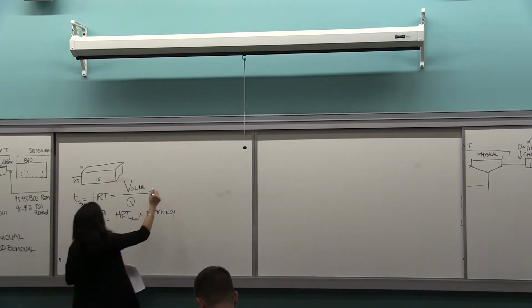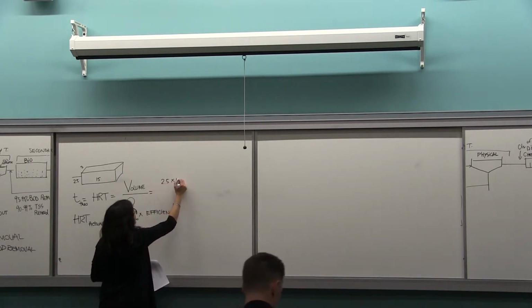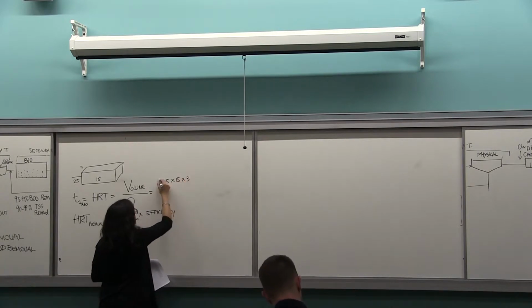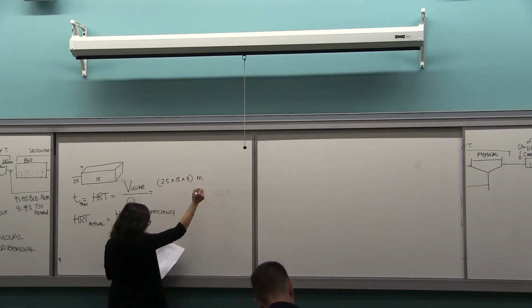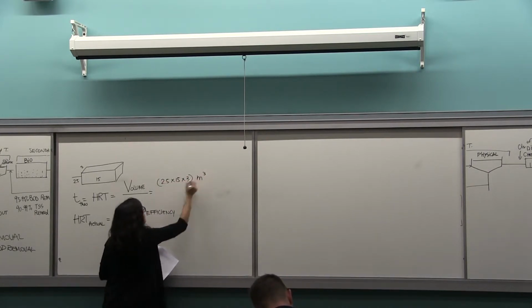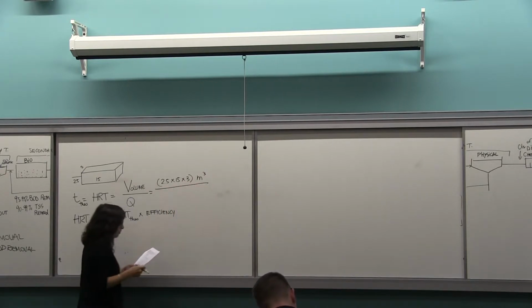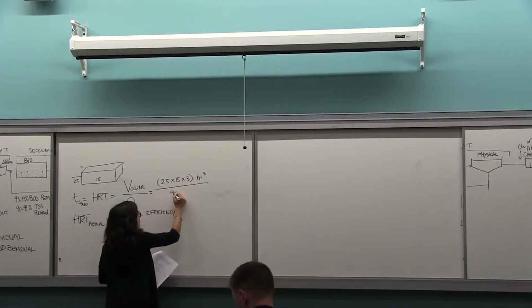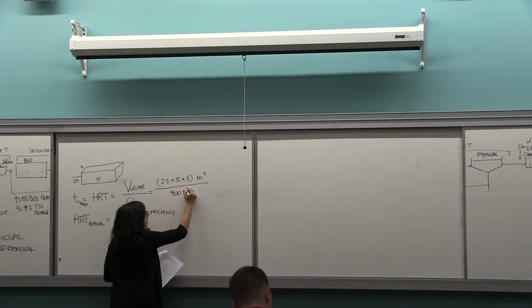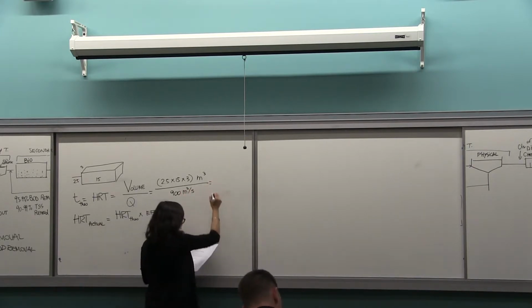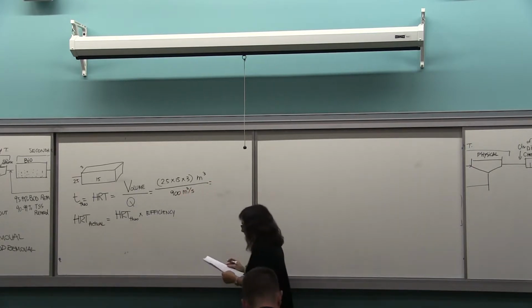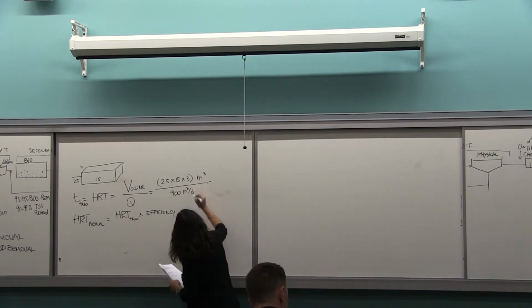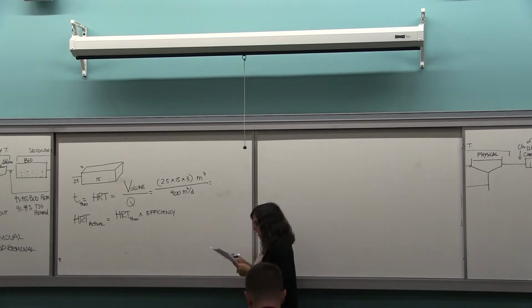So 2.5 by 15 by 3, that's my volume, and that's going to be meter cube. And the flow rate is 900 meter cubes per second. Oh, per day, sorry. It's per day.